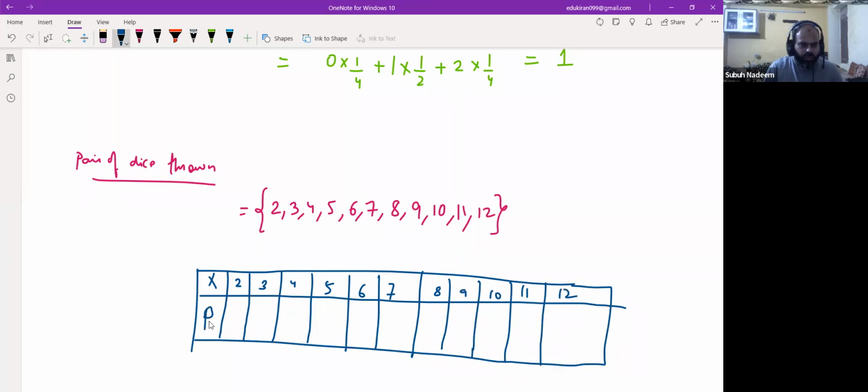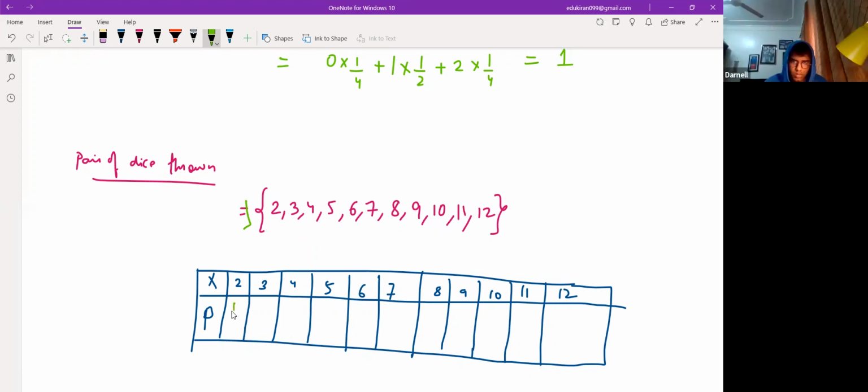Now the probability. If X is equal to 2, how many cases are there where you will get the sum of the numbers from the two dice as 2? So 1 out of 36.